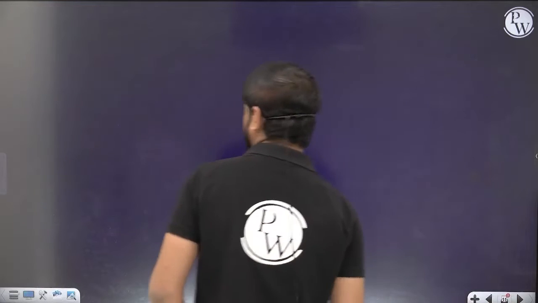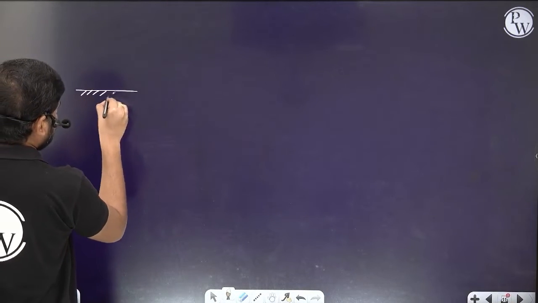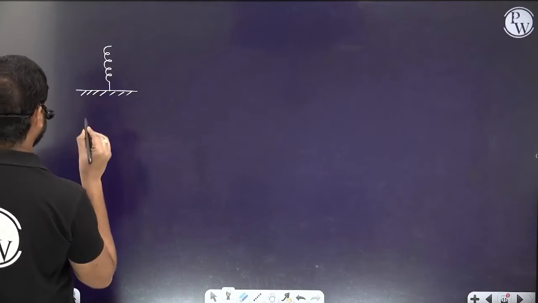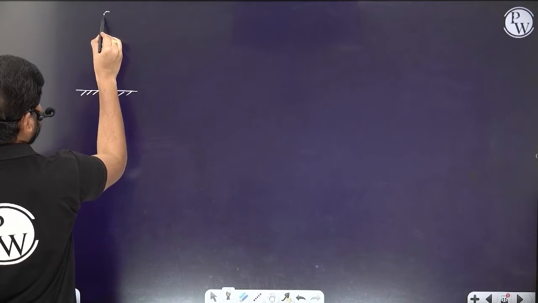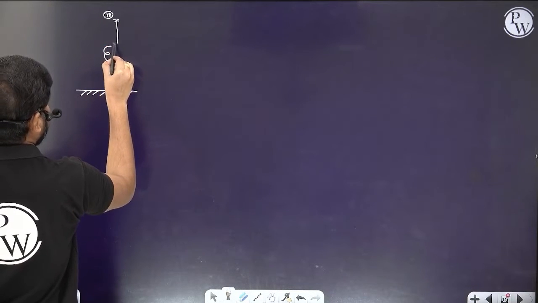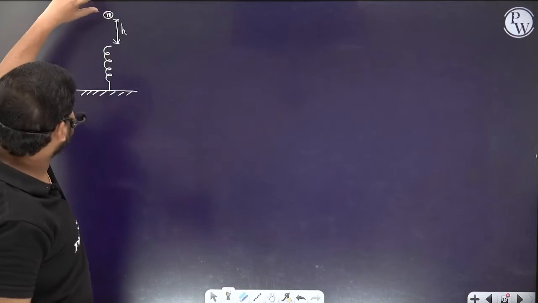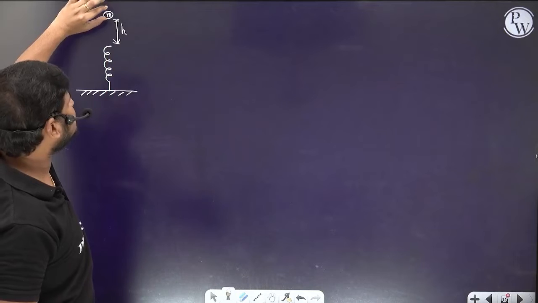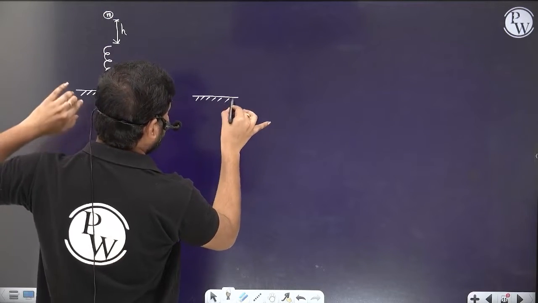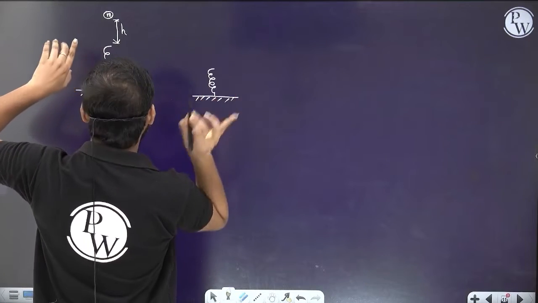Here, consider this is the ground. There is a spring placed vertically like this, and here is a ball of some mass m, which is at a height h from the spring. That's what they said. Till this time you are holding the ball, now you just release it. Then the ball falls on the spring so that the spring is compressed.